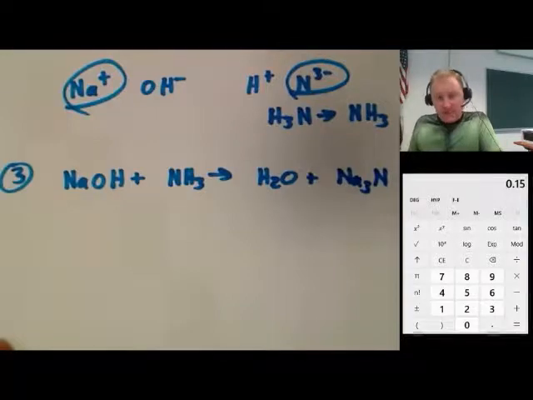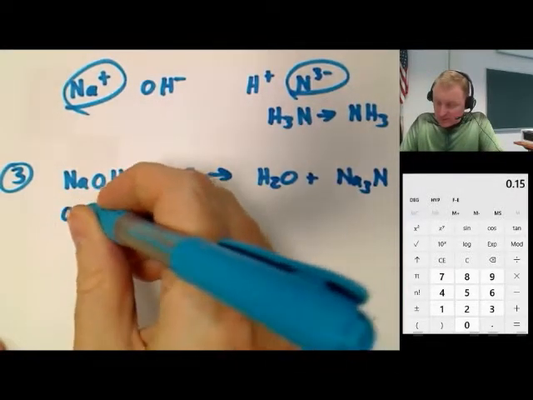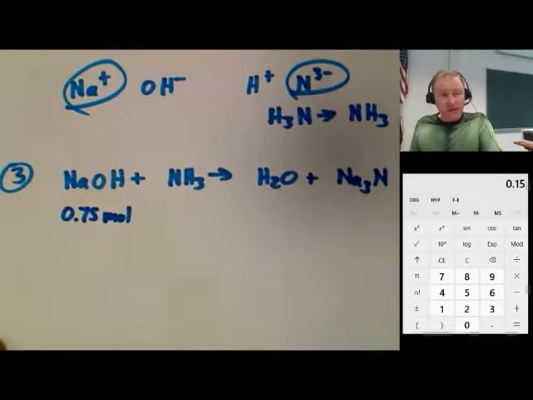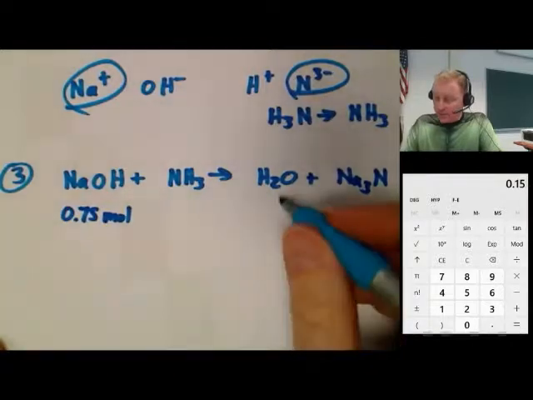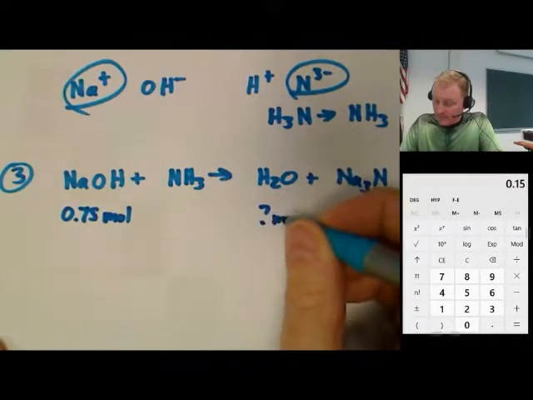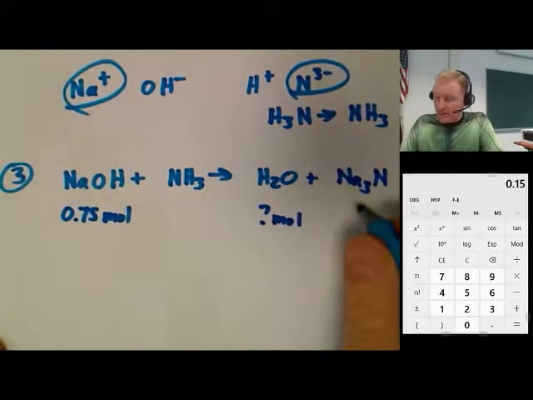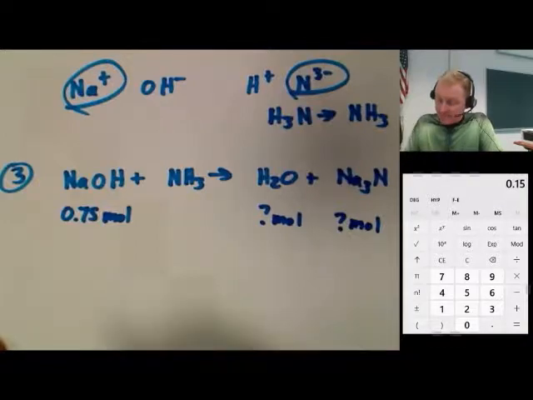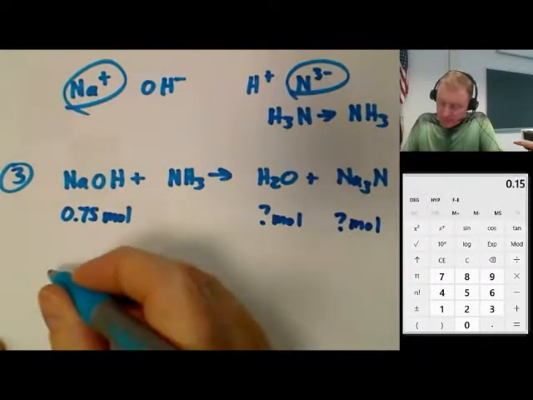And it says we have 0.75 moles of sodium hydroxide. And I want to know both the amount of water and the amount of sodium nitride. Okay, so it's 2 things I need to answer here. So we'll just do it twice.